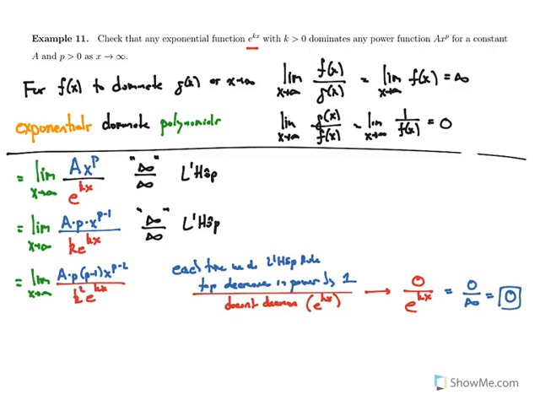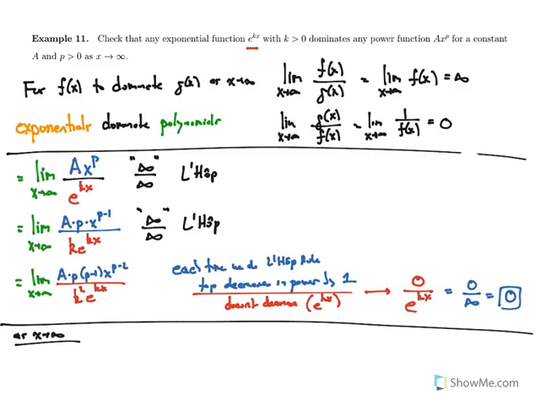And there's actually a long list of some dominating functions as x goes to infinity. We know that exponentials dominate polynomials. So we can say that exponentials are, we're going to say, much bigger.